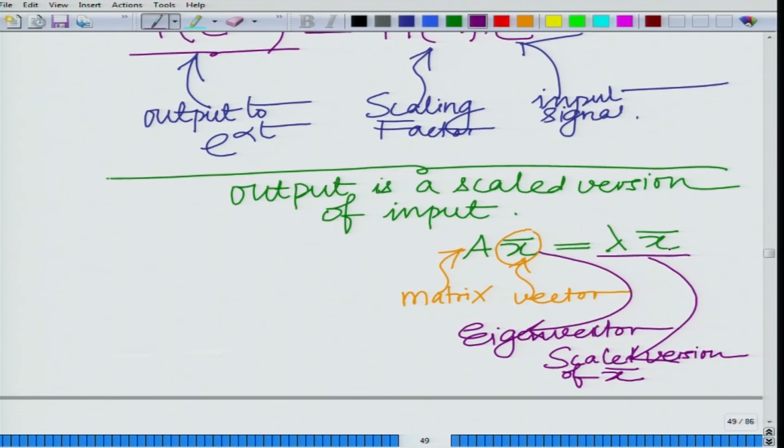So, this x bar is called an eigenvector and lambda is called an eigenvalue.